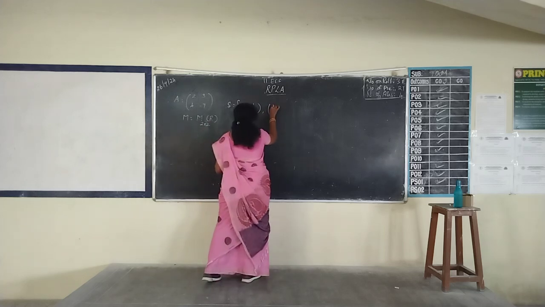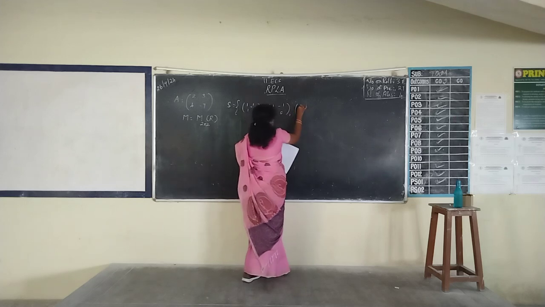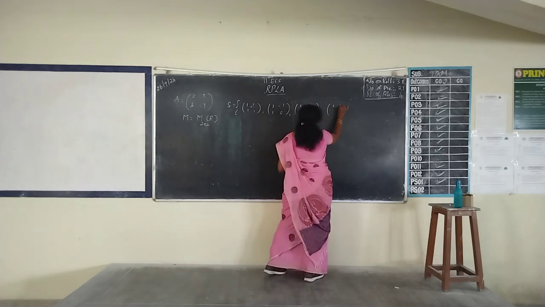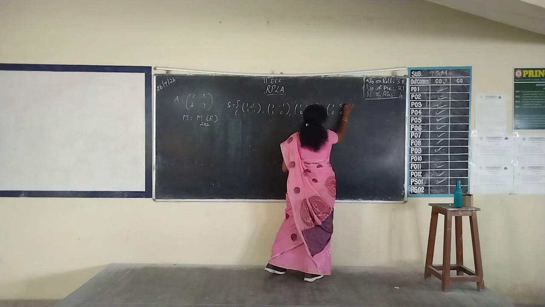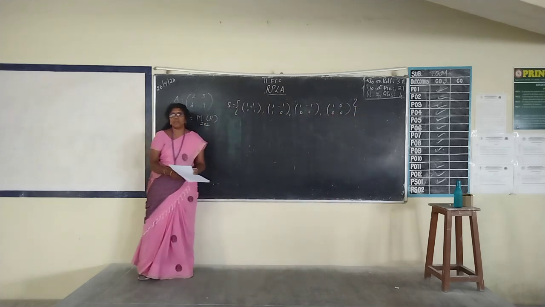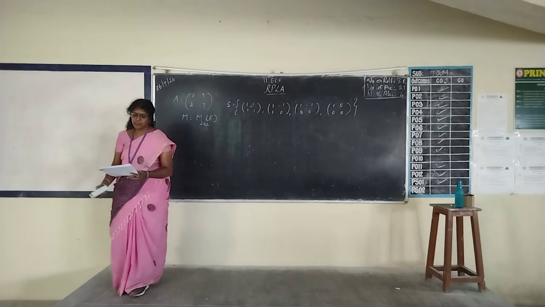Second element 1, minus 1, 1, 0. Third element 1, minus 1, 0, 0. Fourth element 1, 0, 0, 0. Since it is a matrix, all the elements will be in matrix form, 2 by 2.